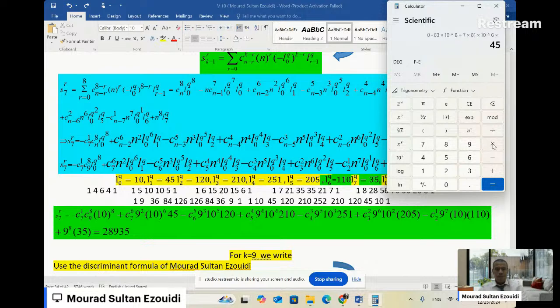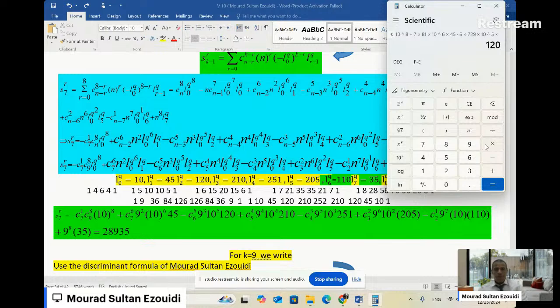Good now. Then minus 6 multiplied by 9 cubed, 729, multiplied by 10 raised to the power 5, multiplied by 120.